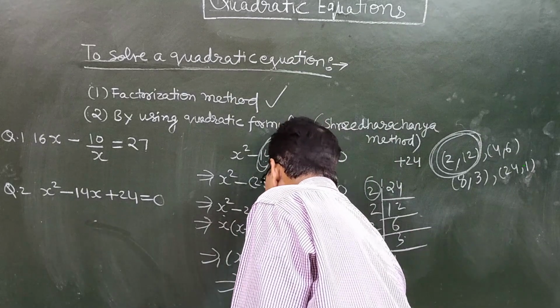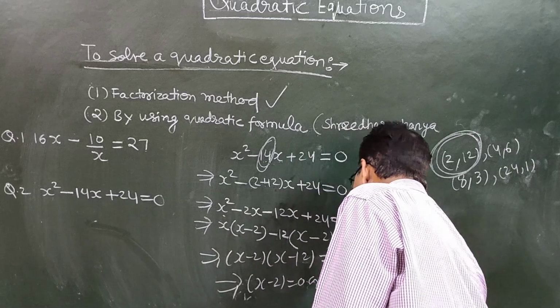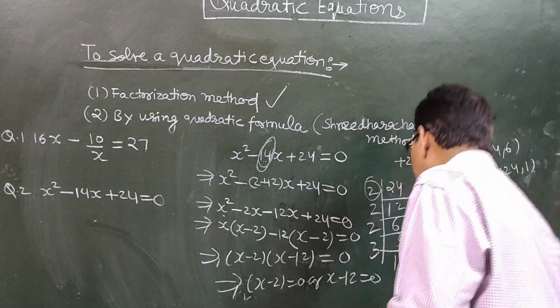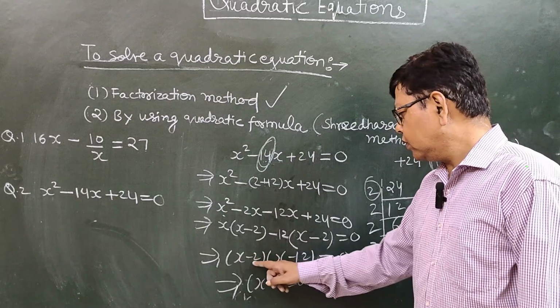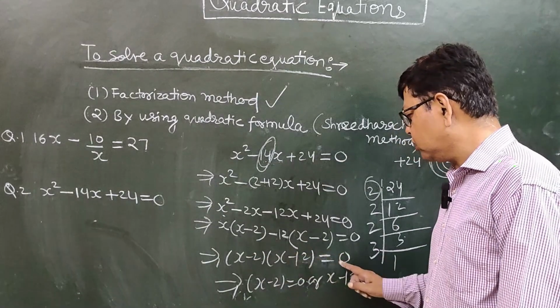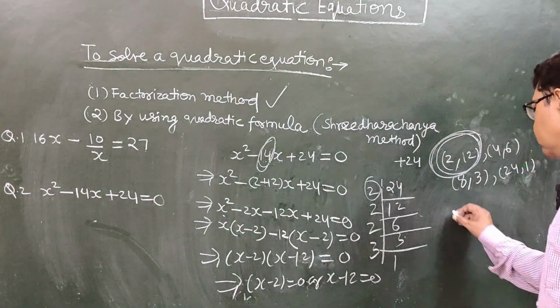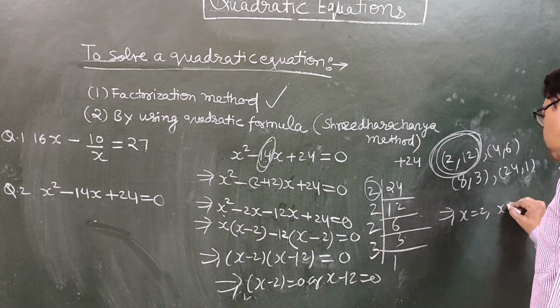This implies that x minus 2 is equal to 0 or x minus 12 is equal to 0. If the product of two linear factors is equal to 0, either the first is 0 or the second is 0. So this gives us x is equal to 2 or x is equal to 12.